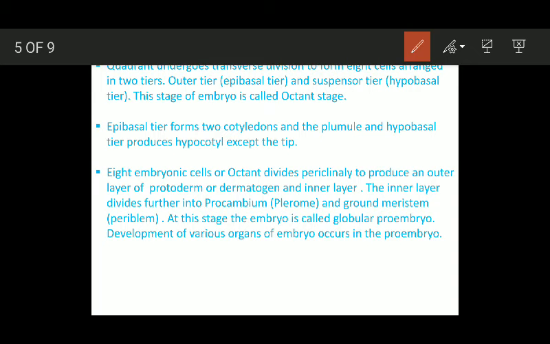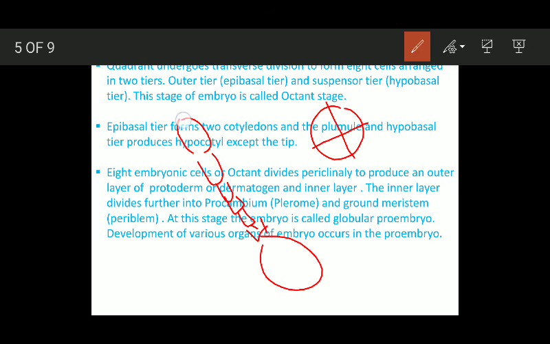So आपके पास अब 8 cells थी, इस तरह थी कुछ. ओके, और हम ऐसे भी दिखा सकते हैं. 8 cells, ओके, 4 हमें दिख रही है, 4 नहीं दिख रही है.